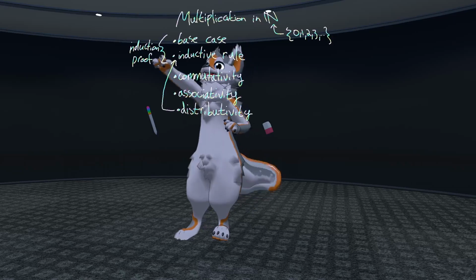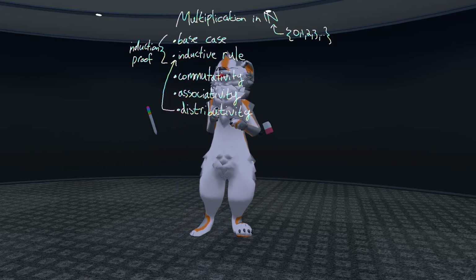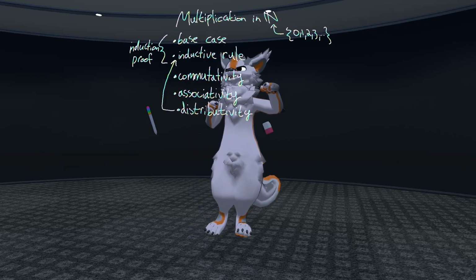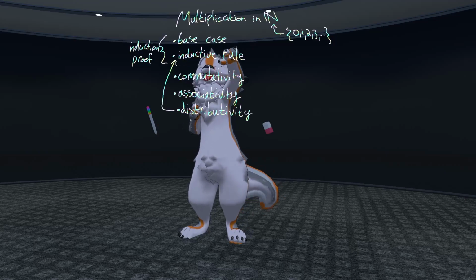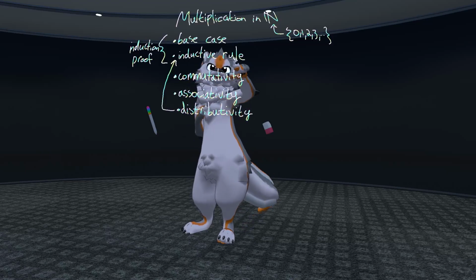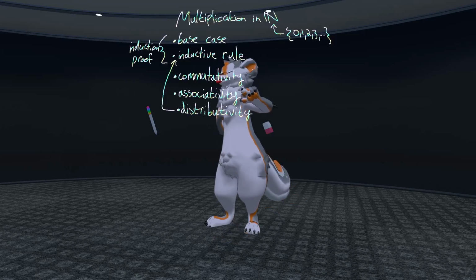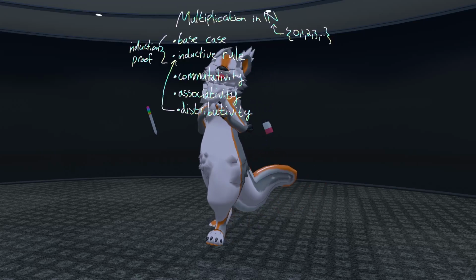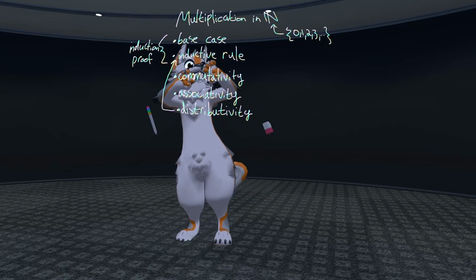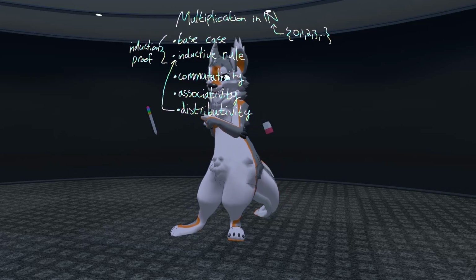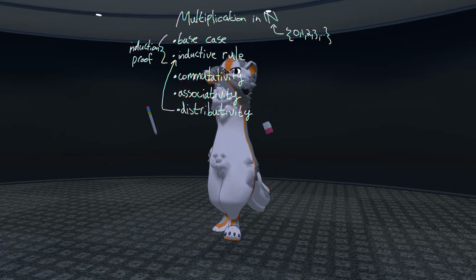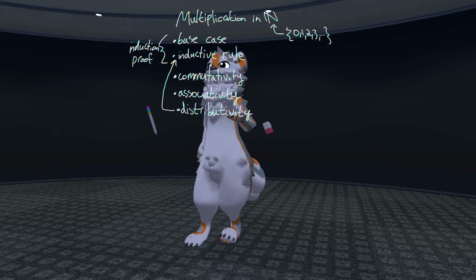And within an induction proof, I guess this is not an inductive proof necessarily, but we have a base case, and after that, we have some sort of induction step or induction assumption. I guess it's called an induction step, I think. But when we're defining this multiplication, for example, we're going to have basically an inductive rule, right?